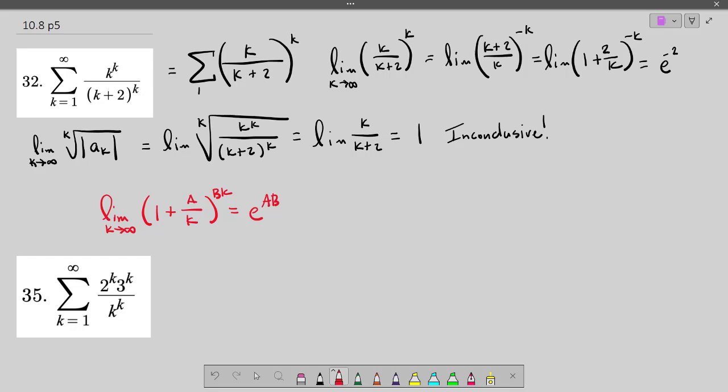So on the test, if this is part of a bigger question, the only time you would have to show how you get to this with the log limit process is if it says show using the log limit process. So our conclusion here is that this is not 0, therefore it diverges by the divergence test.